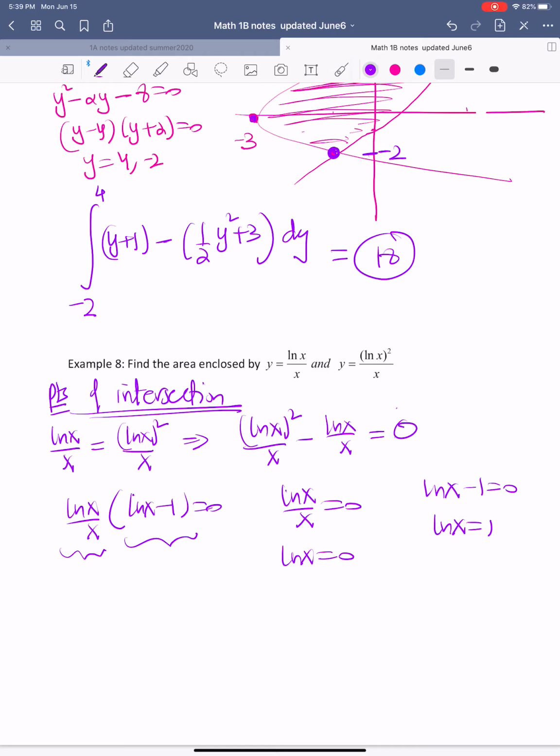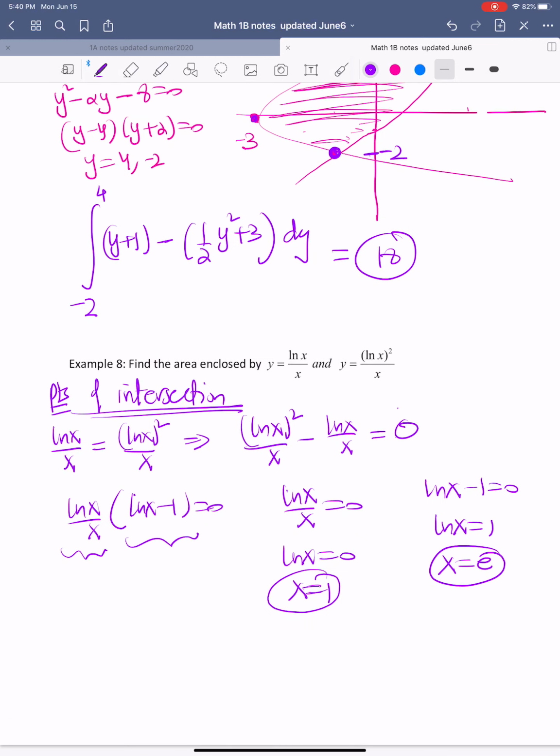Now natural log of x equal to 1 means x is equal to e, and natural log of x equal to 0 means e to the power 0, so x is equal to 1. So my points of intersection are x equals e and x equals 1. That's good, I found my points of intersection.